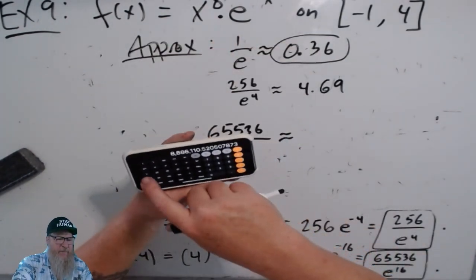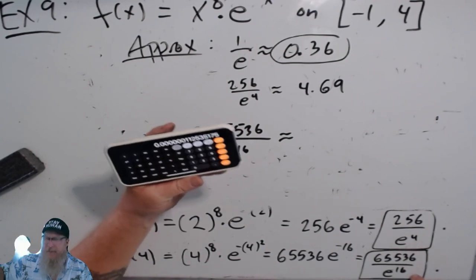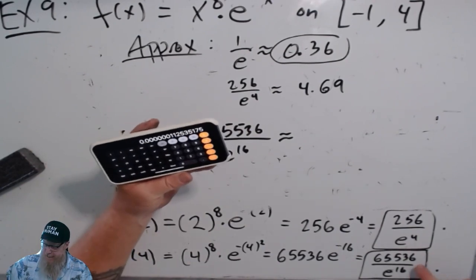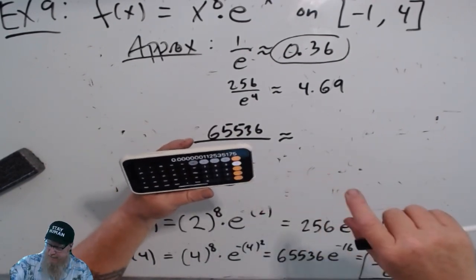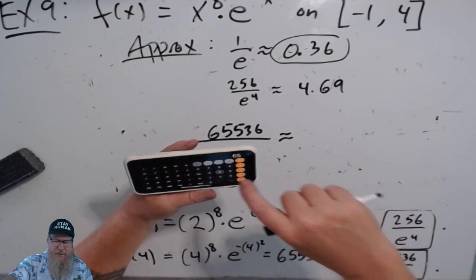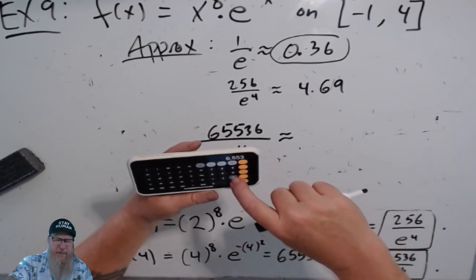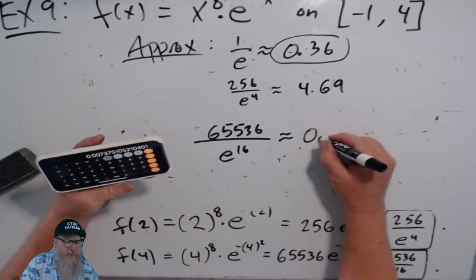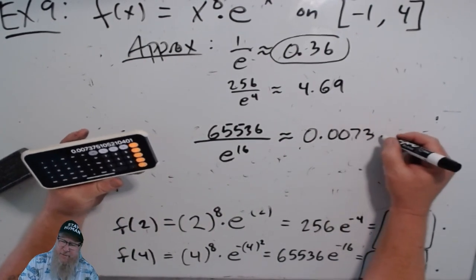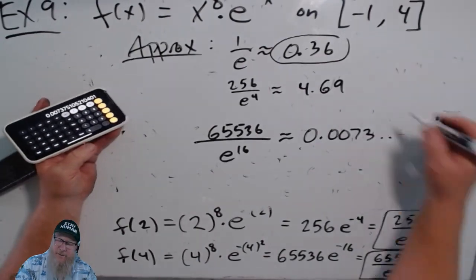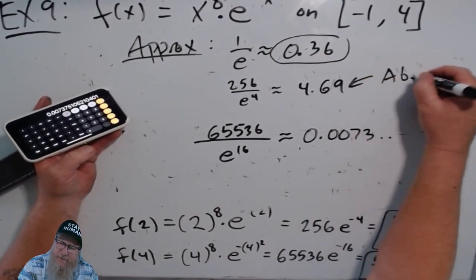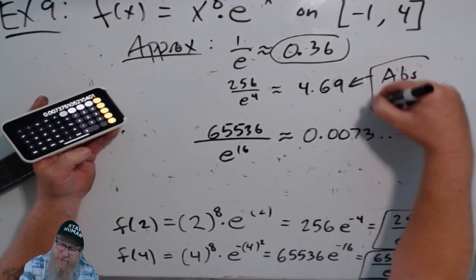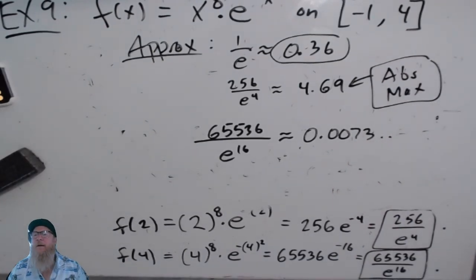But then 1 over, that puts it in the bottom, and then times 65,536. All right, so this is the winner. There we go.